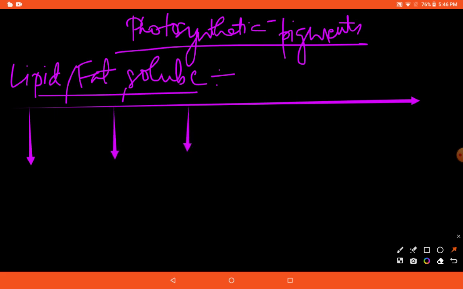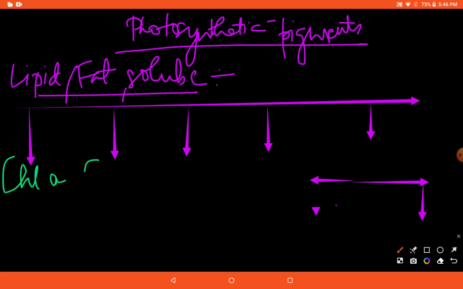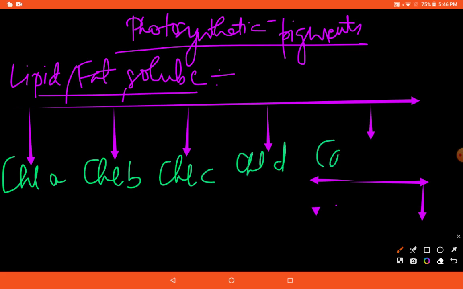Then this 5 is again divided into 2 more. Okay, let's begin now. So first is your chlorophyll A, then chlorophyll B, chlorophyll C, chlorophyll D and carotenoids.